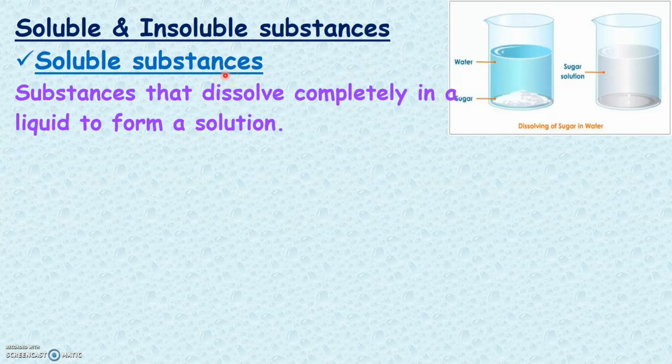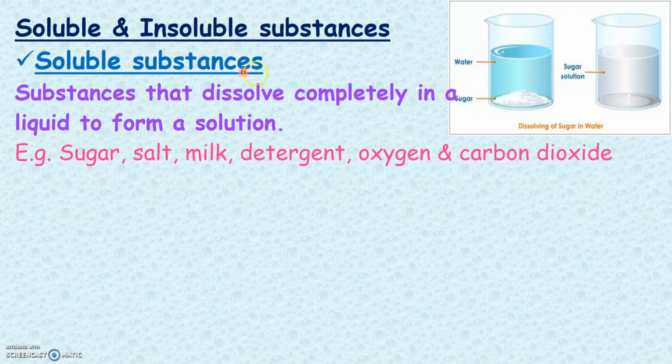Some other examples of soluble substances are liquid like milk, gases like oxygen and carbon dioxide, and detergent is also an example of a soluble substance. So these are the substances that dissolve completely in a liquid and form a solution.